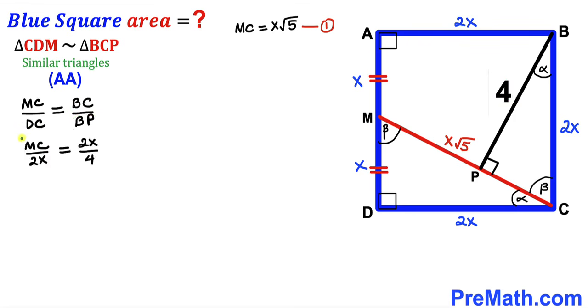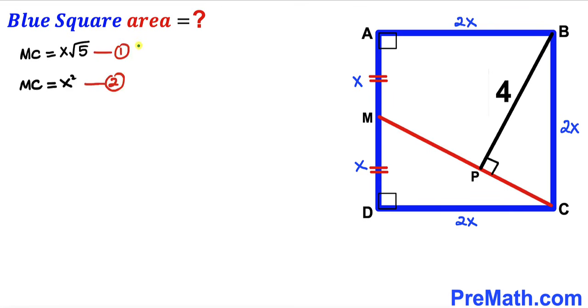Now we are going to cross multiply. So we get 4 times MC equals 2x times 2x, which gives us 4x squared. Let's divide both sides by 4. Our MC length turns out to be x squared, and I'm going to label this equation number 2.